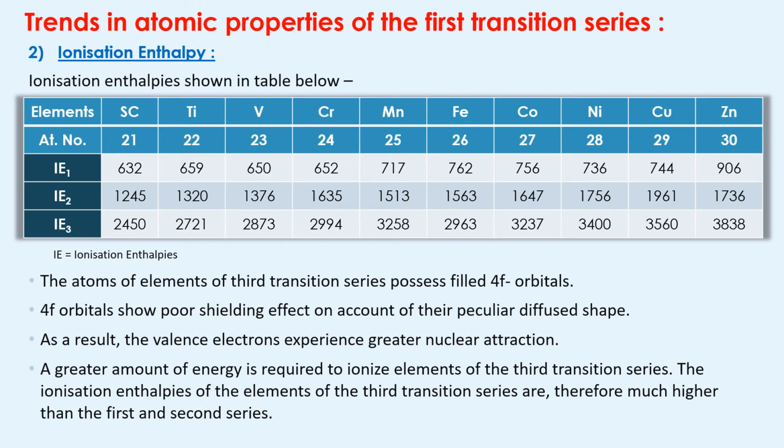The 4f orbital shows a poor shielding effect due to its peculiar shape, so the valence electron experiences greater nuclear attraction. So you require a large amount of energy to remove that electron. That's why the third transition series has a much higher ionization enthalpy as compared to the first and second transition series.